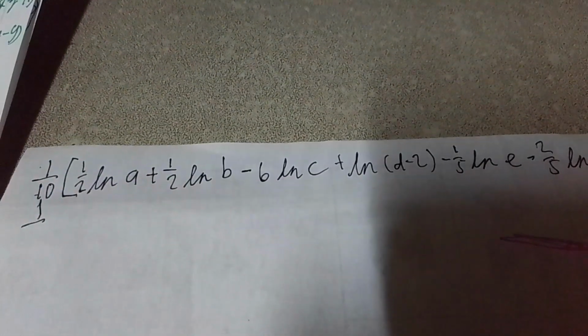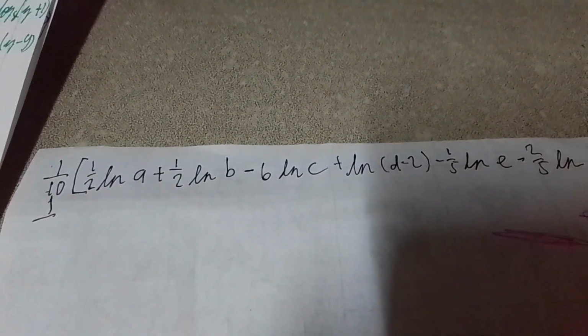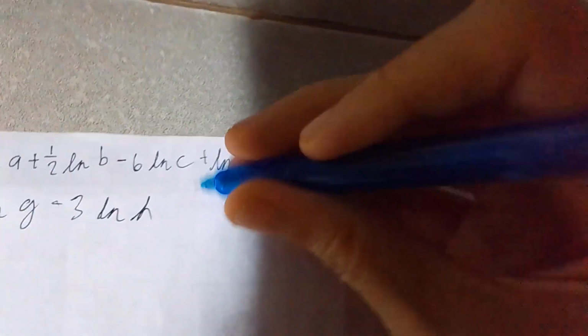Diba? But we're still not yet done. Meron pa tayo dito sa baba. We have minus 3 ln of G. Minus 3 again ln of H. Then, remember, minus 24. And remember, it's being distributed.